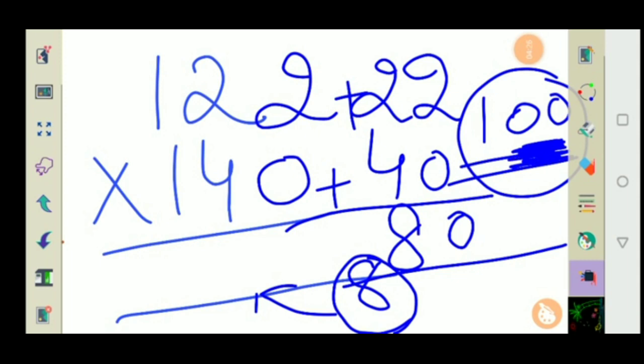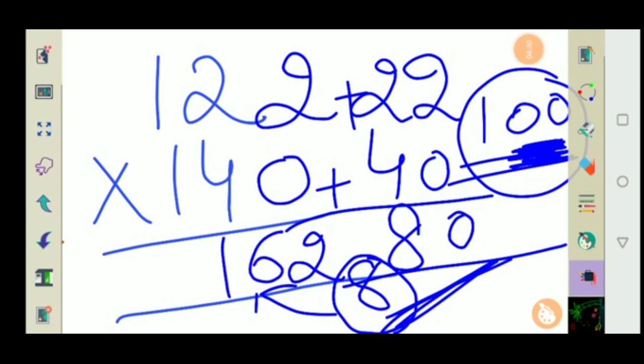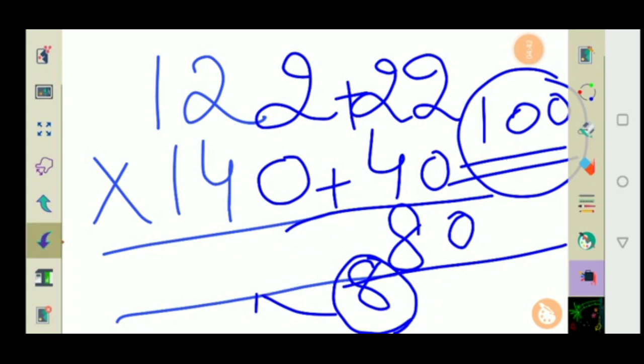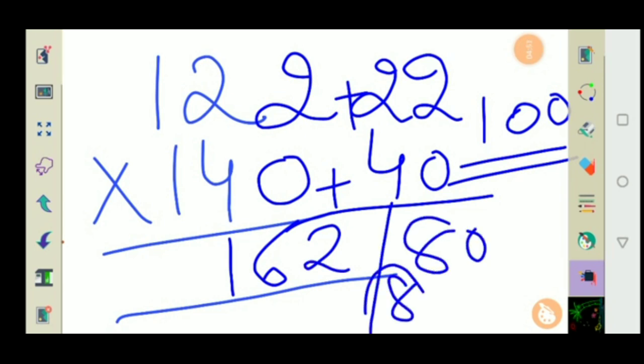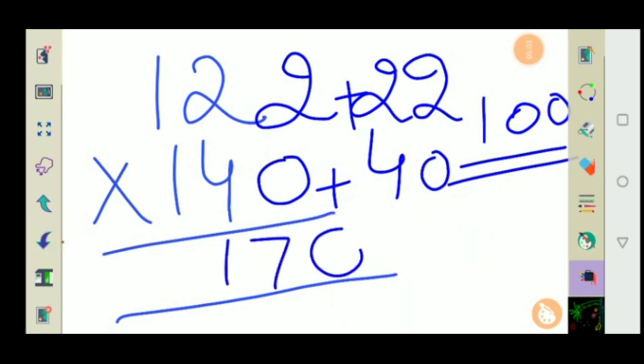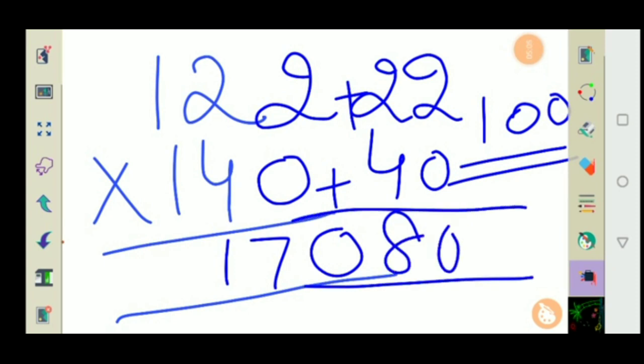So I am taking just 2 digits here, 80, not 880. And the next step is 140 plus 22. You will be writing 162. So what I am having? I am having here 162, 80, and this 8 will be added in 162. So we will be getting 170, 17080. This is our answer.